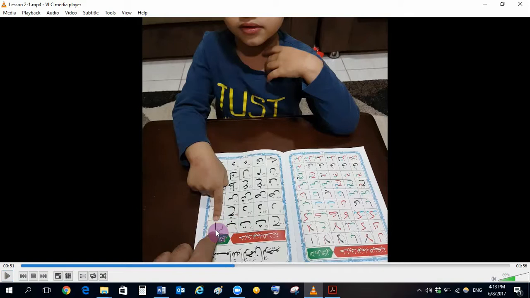As I said before, this will allow the child to correct his pronunciation, one thing. The other thing is the student or the child can pick up the tone of reading, which is very important while reading these letters or these lessons.